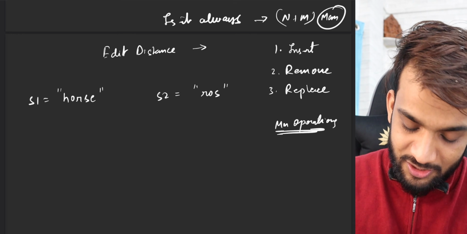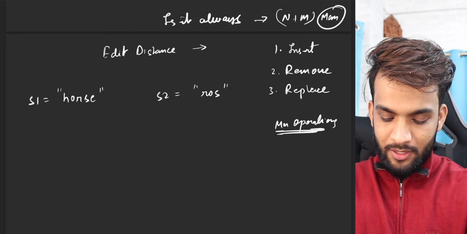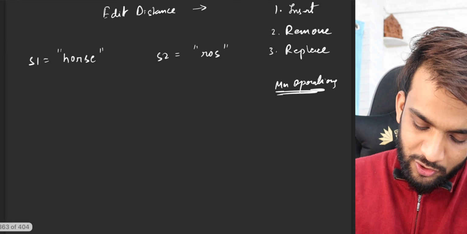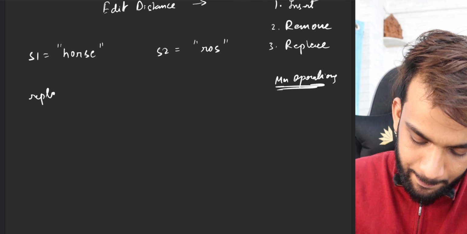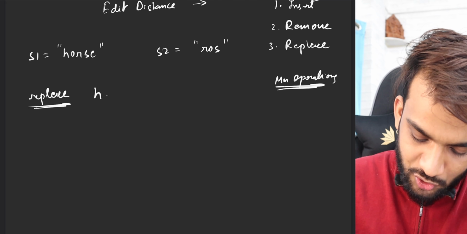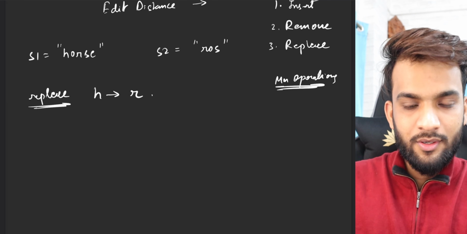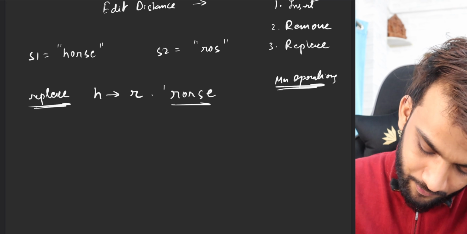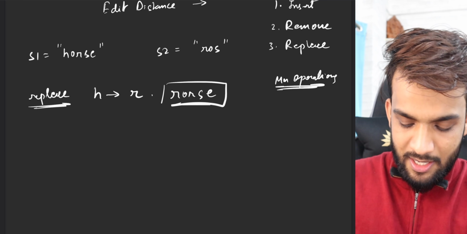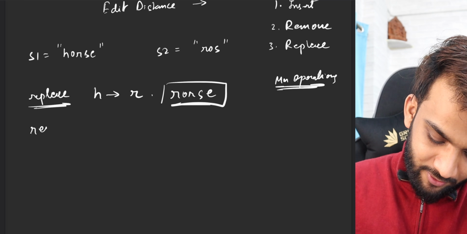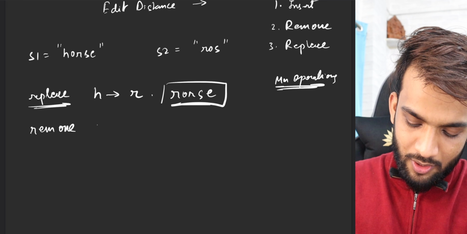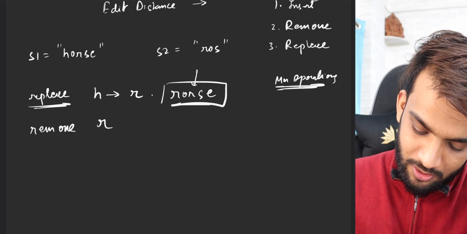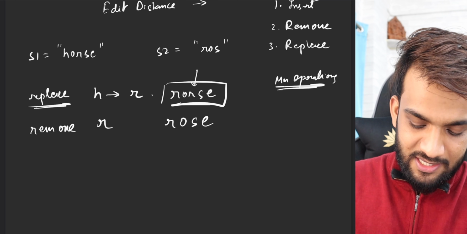Okay, so let's find the minimal one. I will go across and say the first operation is I will replace H with R, which makes it RORSE. The next operation, I will remove the R, which makes it ROSE.